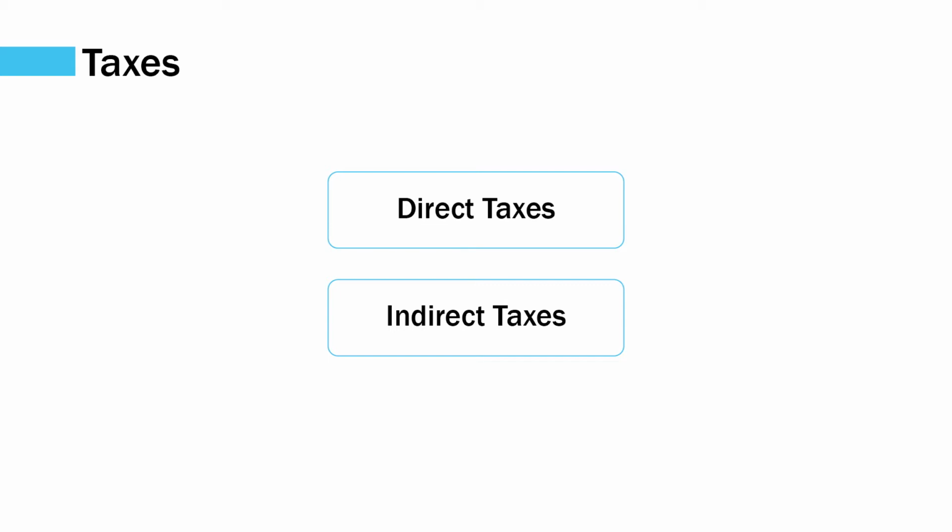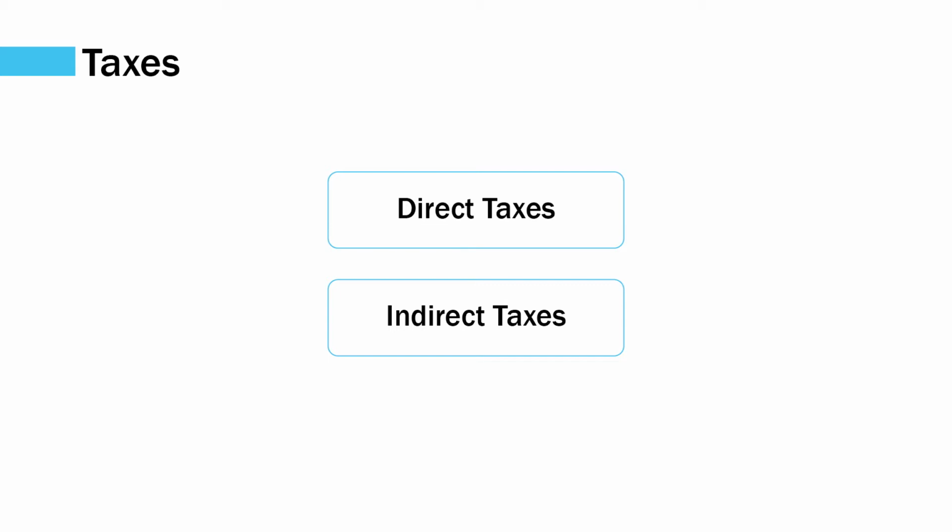Direct tax, as all of you are aware, is typically a tax which is levied on your income. So, if somebody is having an income of $100 and he has incurred during the course of doing the business an expenditure of say $80, in that case he will be required to pay a direct tax or income tax or corporate tax only on the net income, that is $20 in the example which we discussed.